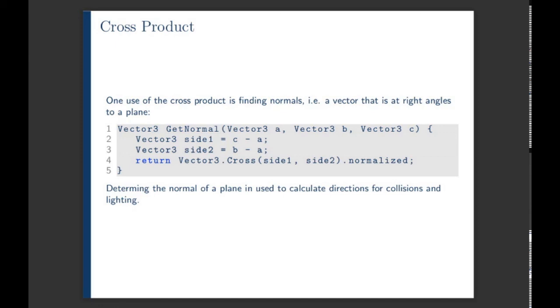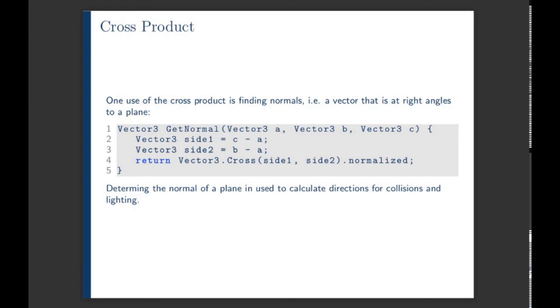So the normal of that plane is the vector which is coming out at right angles, and we can use the cross product to calculate that in a very straightforward way. So these kinds of calculations are used all the time in game development in order to calculate normals for doing things like collisions in physics engines and for calculating lighting.